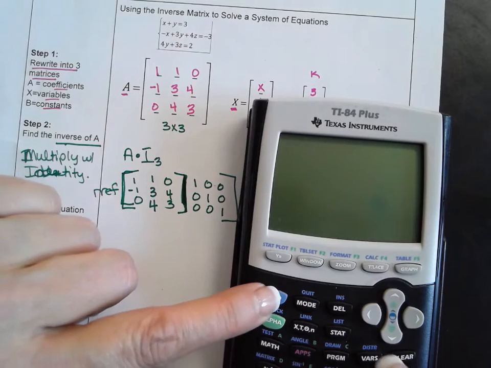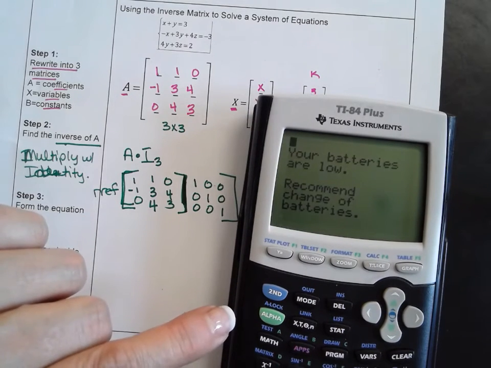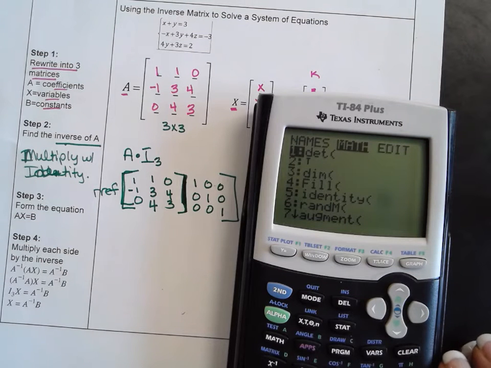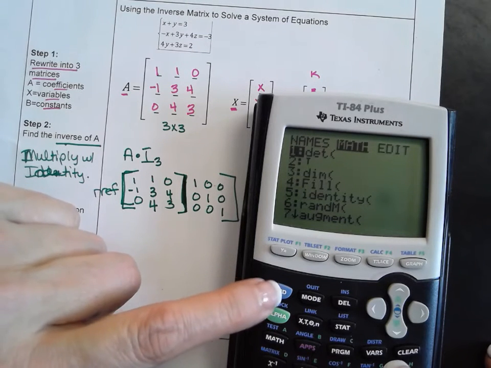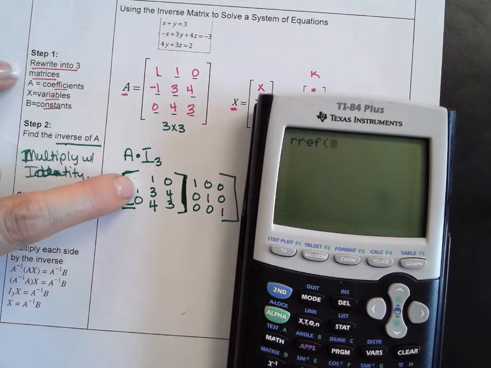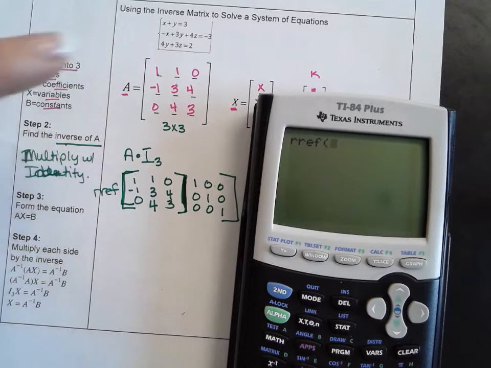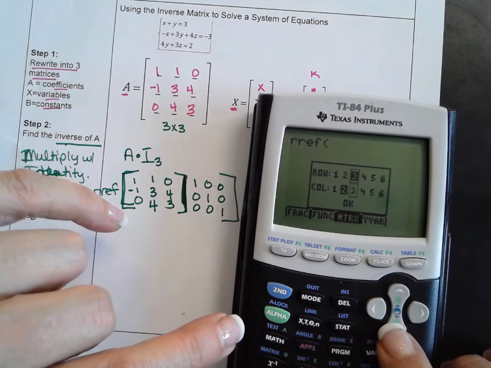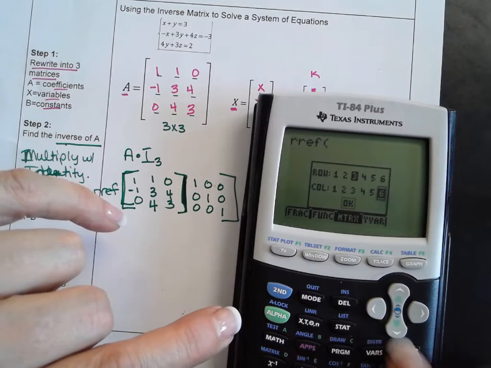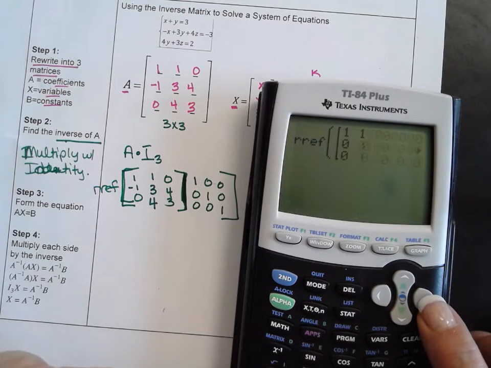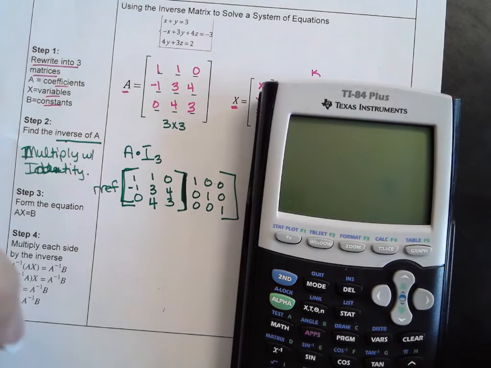Okay, so I'm going to hit matrix. And I want my RREF. And I have a 1, 2, 3, 5, 6. So I have a 3 by 6. And now I have to enter everything in. 1, 0, 0. And my batteries just died.